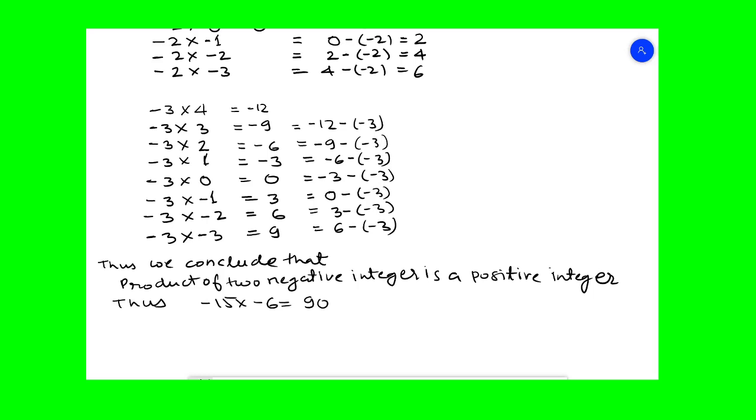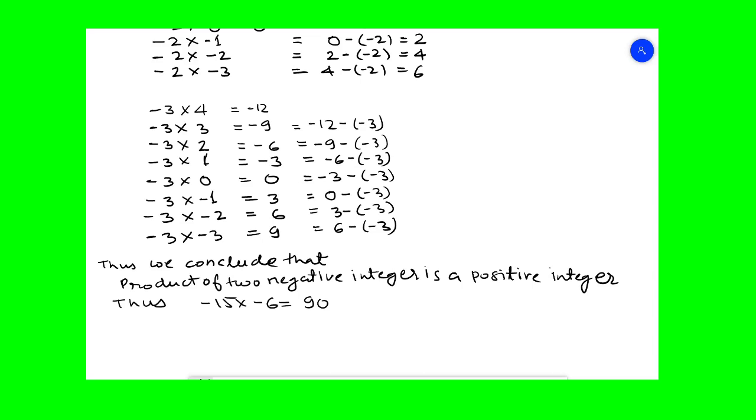Thus we conclude that product of two negative integers is a positive integer, and the example for it is minus 15 multiplied by minus 6 equal to 15 multiplied by 6. We put 90, and these two negative signs become positive.